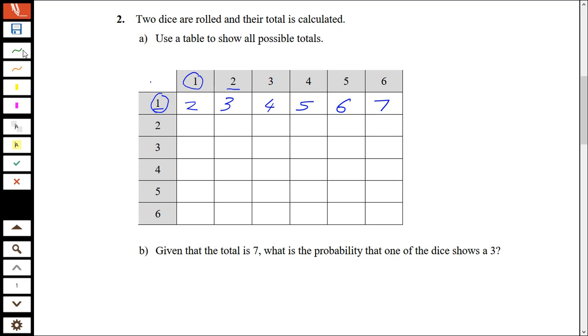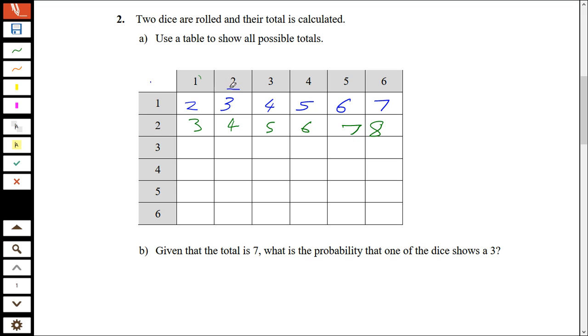Now, in the next row, we could have a 2 and a 1 combining, giving 3, and a 2 and a 2 combining to give 4. That keeps going: 5, 6, 7, 8.